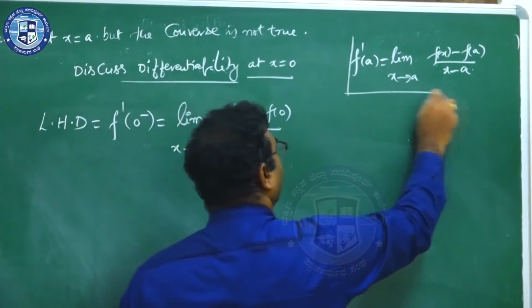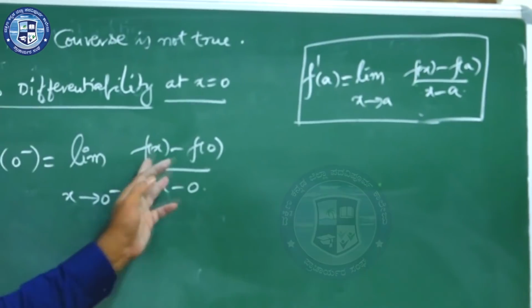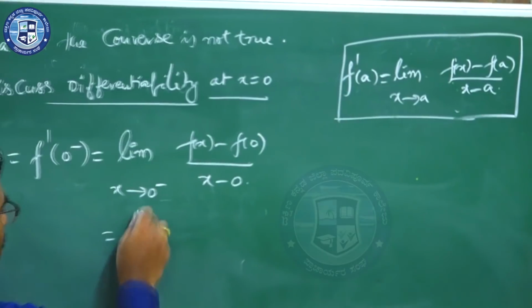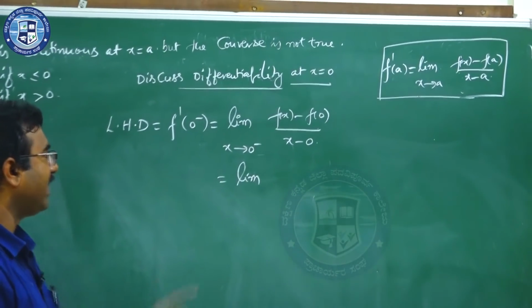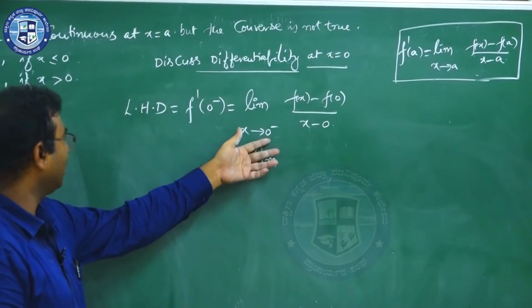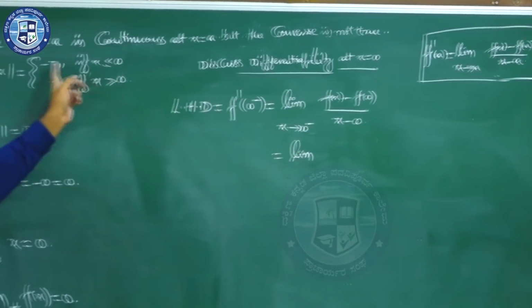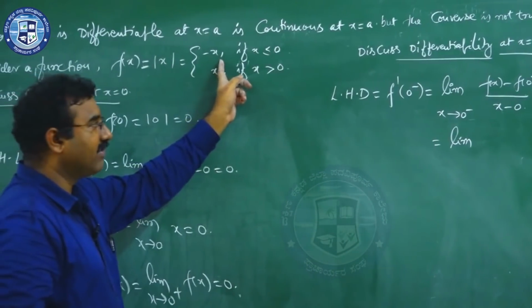This is the formula we are applying now. So x is approaching 0 from left, that means x is less than 0. When x is less than 0, what function do you have to take? Minus x you have to take it.